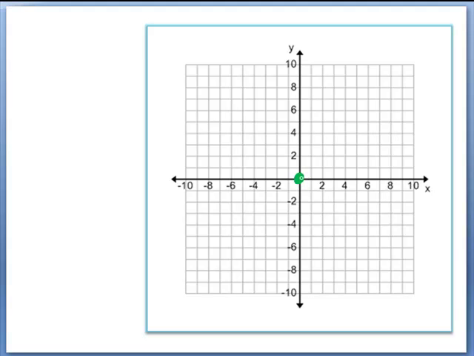Our slope is negative 5 over 1, so we're going to go down 5 spaces, 1, 2, 3, 4, 5, then run over 1. Let's connect the points. Okay, so that's our first line, L sub 1.